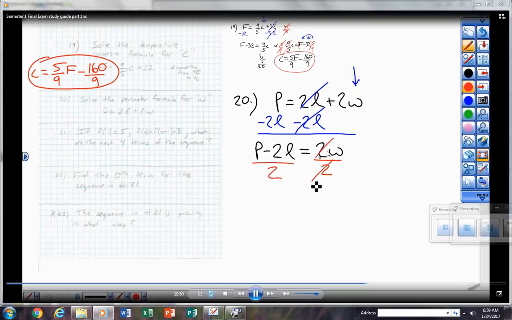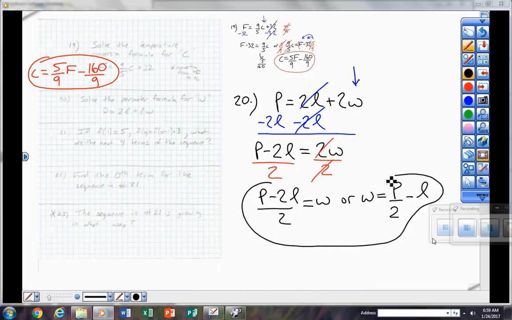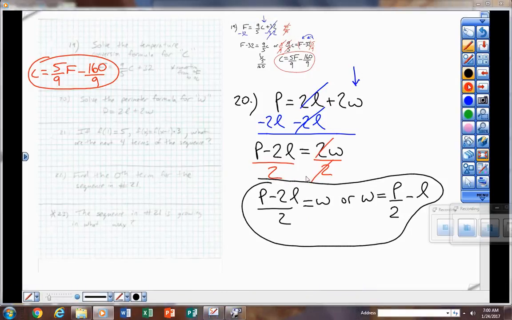So I'm going to divide both sides by 2. And then that 2 will simplify this out to give me P over 2 minus, and then these will cancel to give me minus 1L. So either write it as this or simplify into P over 2 minus L, because these 2's cancel away.